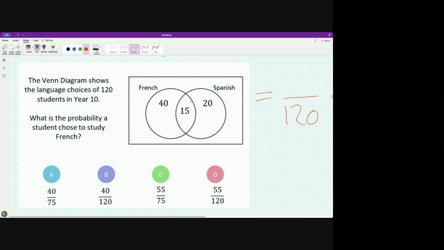How many of them choose to do French? It is going to be, well, what's the French? That's this one. So it is going to be 55 out of 120. So is there one that's 55 out of 120? Option D is correct.